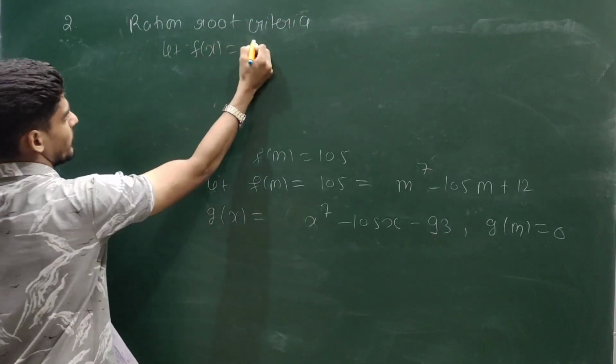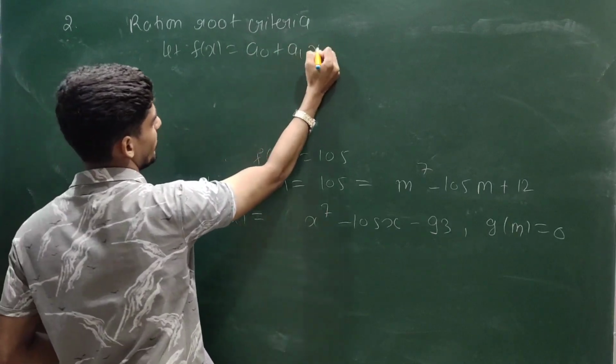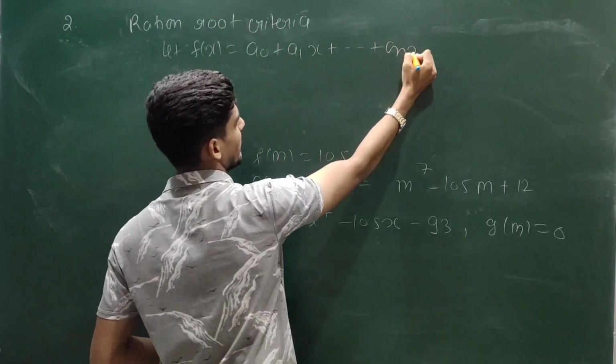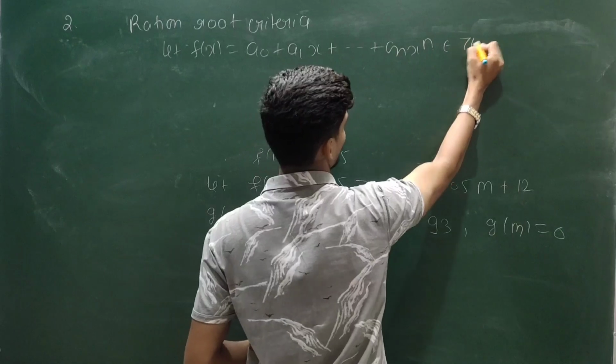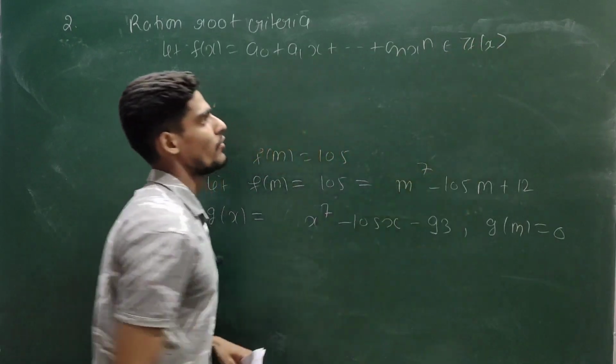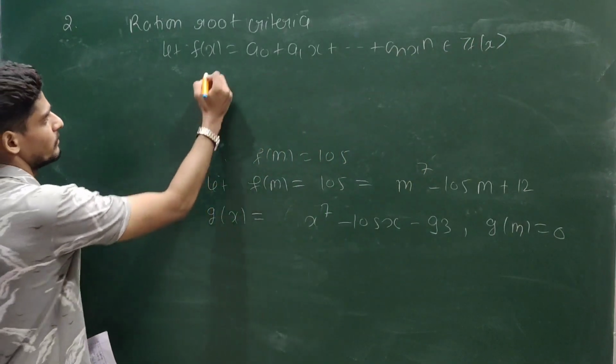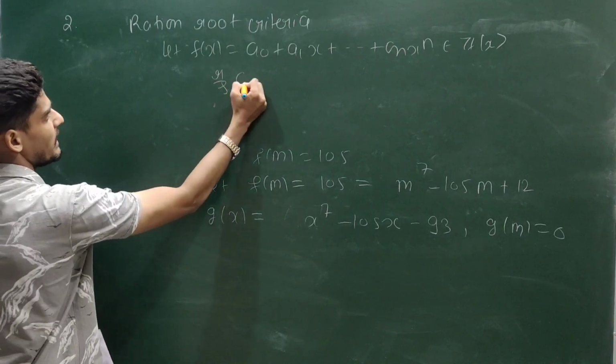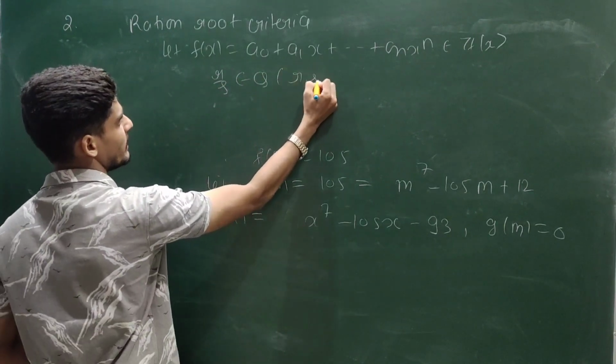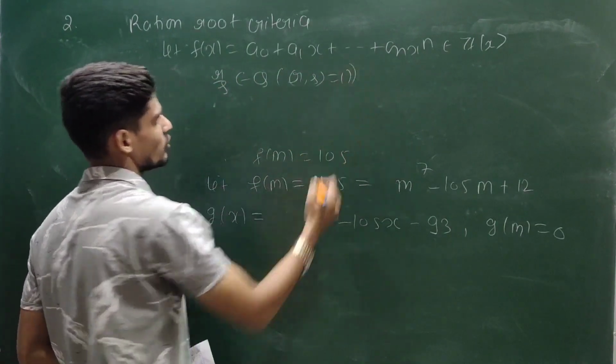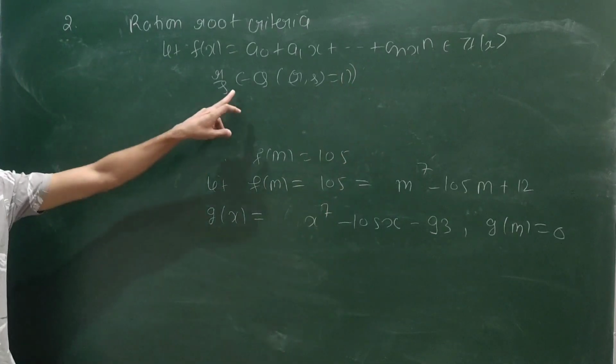Let fx be of the form a0 plus a1x plus up to an x power n belongs to Zx, the polynomial whose coefficients are coming from Z. R by S belongs to Q, where GCD of R comma S is 1. So I do not want the repetition on rational.